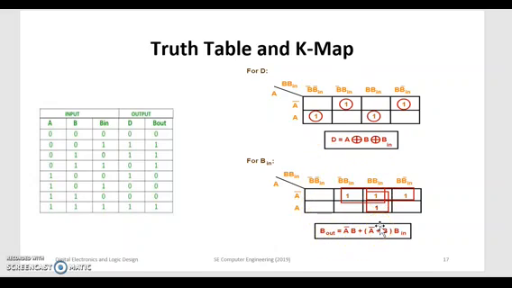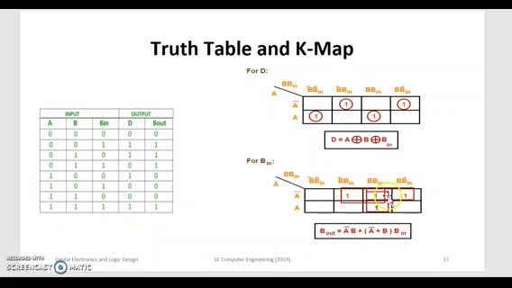Here we see we are forming these 3 groups. In every group we combine 2 ones together. We cannot combine all these 4 ones together, so we made 3 groups and each group has 2 ones. For this first horizontal group, we will have the term A bar B in.